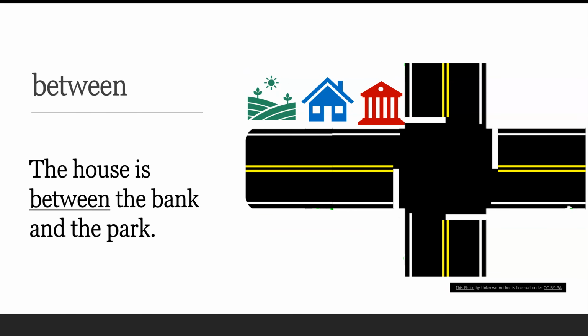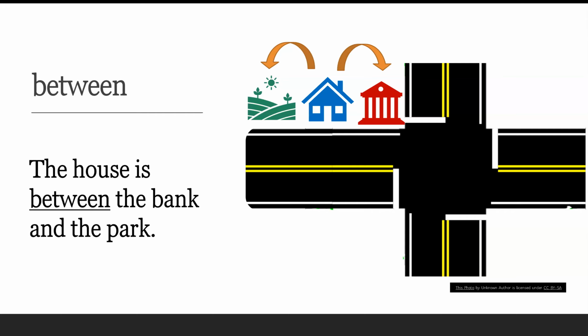Okay, we have between. The house is between the bank and the park. Okay, so here we see two neighbors, and that's what's important. There are two neighbors.